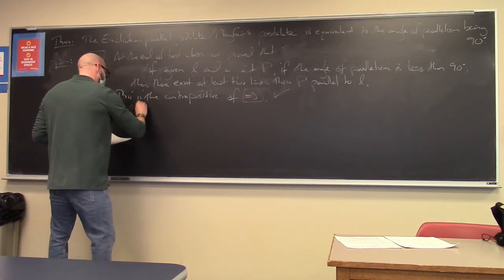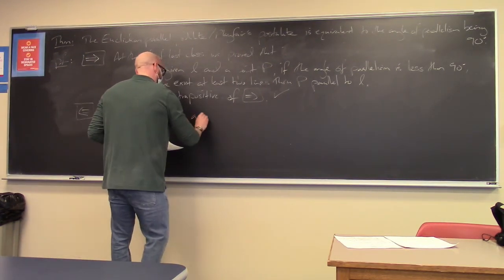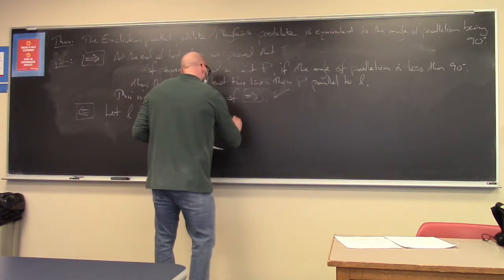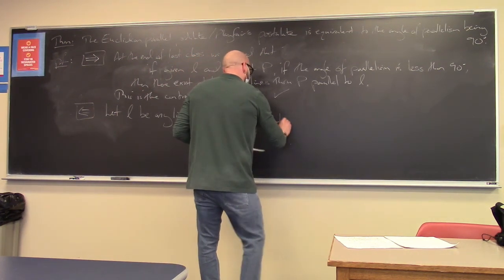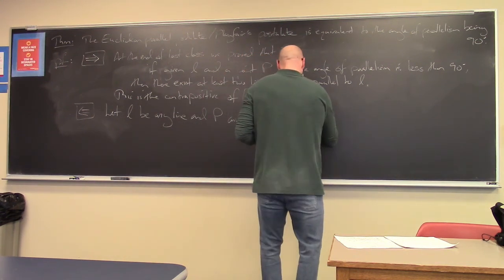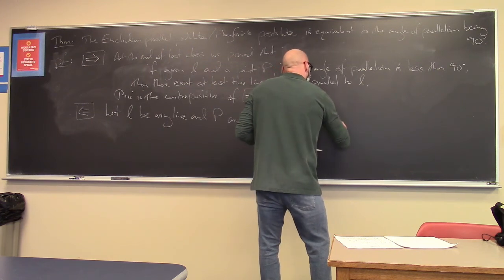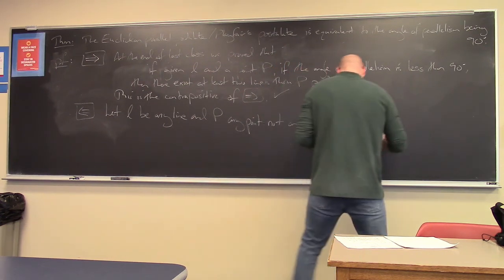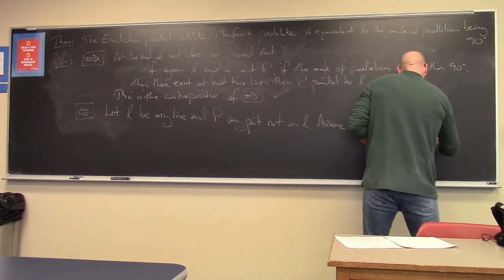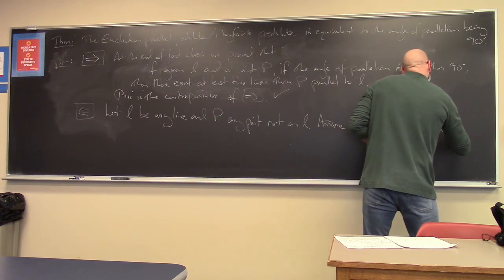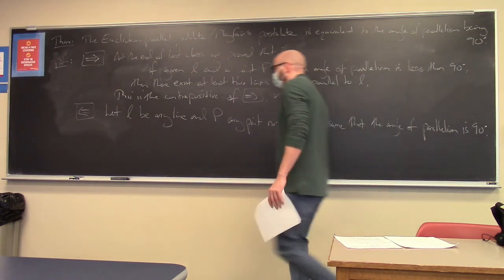So let L be any line and P any point not on L. Assume that the angle of parallelism is 90 degrees.